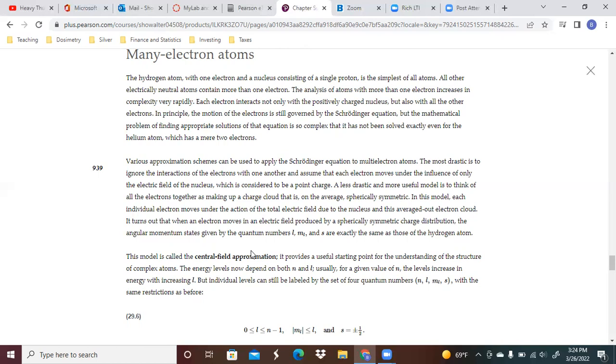In principle, the motion of the electrons is still governed by the Schrodinger equation, but the mathematical problem of finding appropriate solutions is so complex that it has not been solved exactly even for the helium atom. So don't even try it with xenon or some of the other humanly manufactured elements that don't stick around for very long.